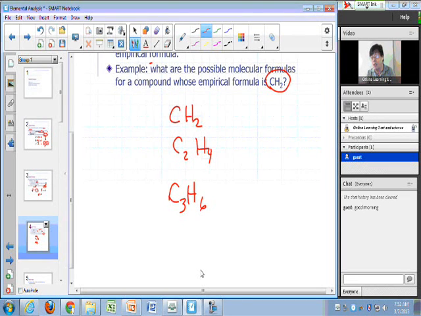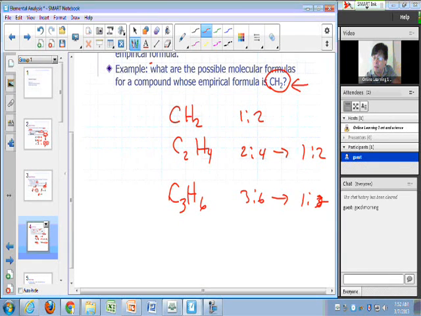So any compound of carbon and hydrogen where the carbon to hydrogen ratio is 1 is to 2 would have an empirical formula of CH2. So if you'll notice, this is 1 is to 2. 2 is to 4 is the same thing as 1 is to 2. 3 is to 6 is the same thing as 1 is to 2. So if you have a compound with a formula of C2H4 or C3H6 or C4H8, these compounds would have the same empirical formula.